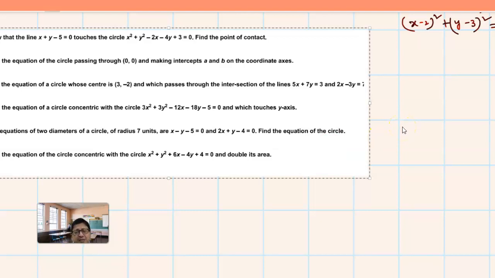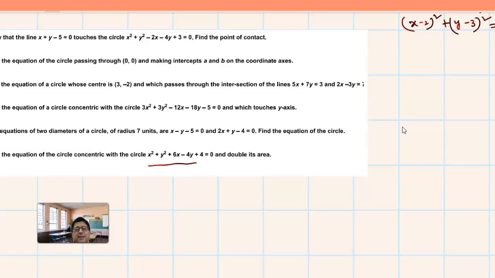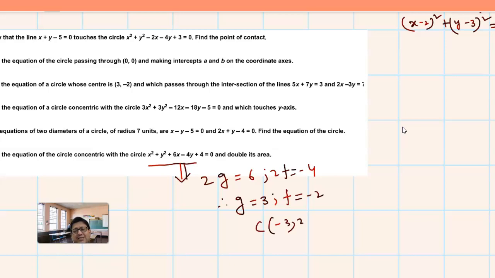So if a circle is concentric with this, then it will share the center of this circle only. What is the center of this circle? On comparison, 2g is 6, 2f is minus 4, so g is 3 and f is minus 2, center going to be minus 3 comma 2.